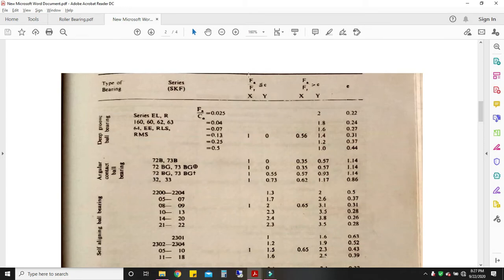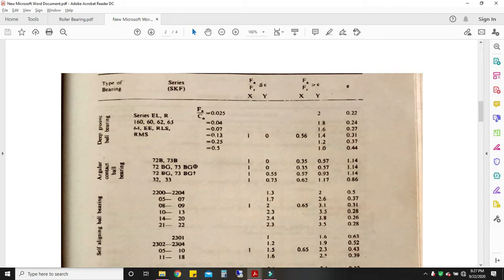In the fourth column you will have the condition FA by FR less than or equal to E. In the fifth column you will have the case FA by FR greater than E, and in the sixth column you will have the values of E.